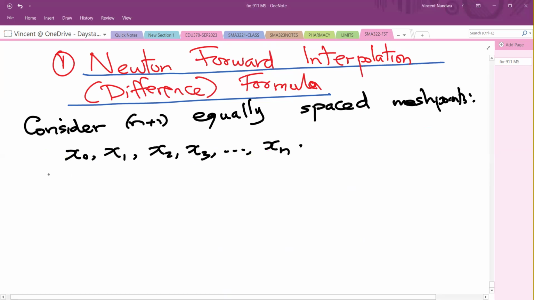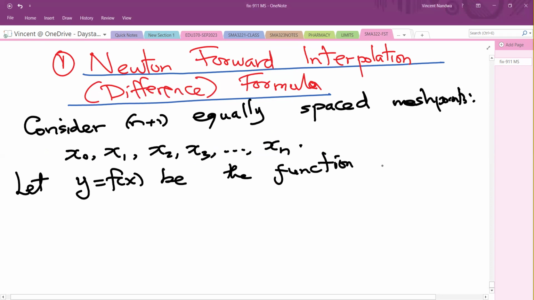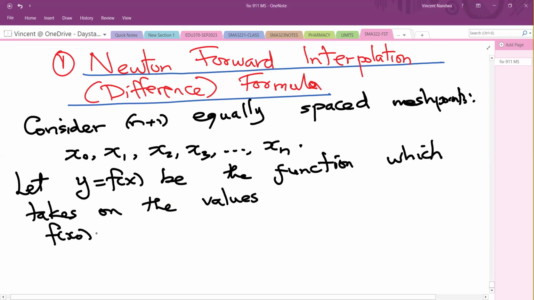Then let y equals f of x be the function which takes on the values f of x naught, f of x1, f of x2, f of x3, all the way up to f of xn.